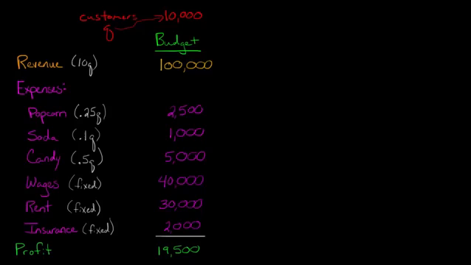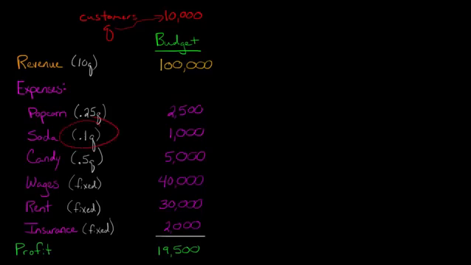Now, when we look at our expenses, we've got popcorn, soda, candy, and so forth. These three expenses are also going to vary with the number of customers. With 10,000 as our Q right here, we multiply that by 0.25 to get 2,500 as our budgeted expense for popcorn.